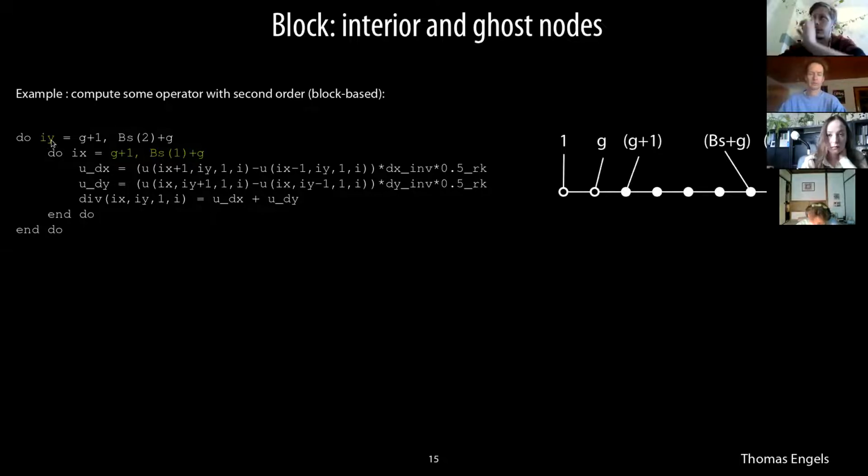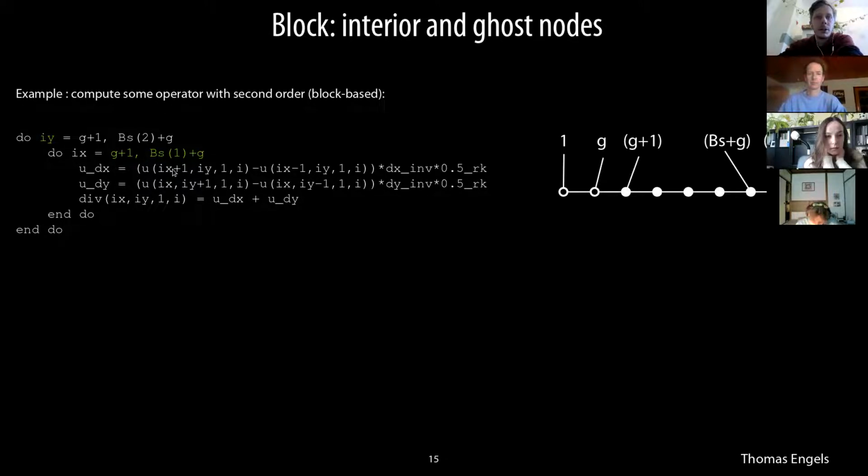We loop in Fortran ordering, column major ordering. So we start with the while loop, and we loop over the interior points, so from g+1 to bs plus g. As I said, this is a vector, so in the code, it looks like that. We loop over x, and then we compute some derivatives from some arbitrary field, which I call u here. We compute the derivative in x.